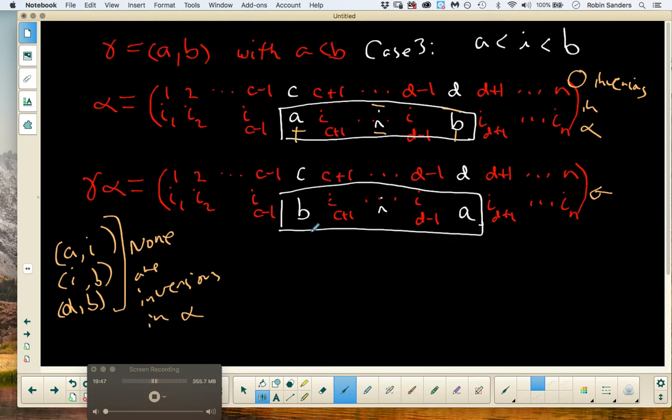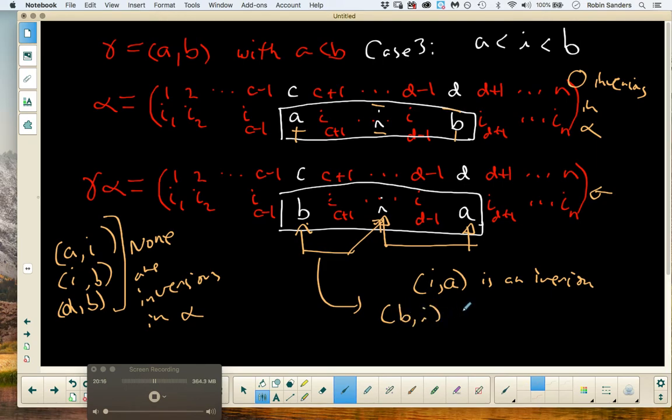But when we get down to this particular permutation, well, what have we got? Well, we know that I is bigger than A, and we know that B is bigger than I. Now, I do want to point out, we also know that BA is an inversion, but we only want to count that one time.